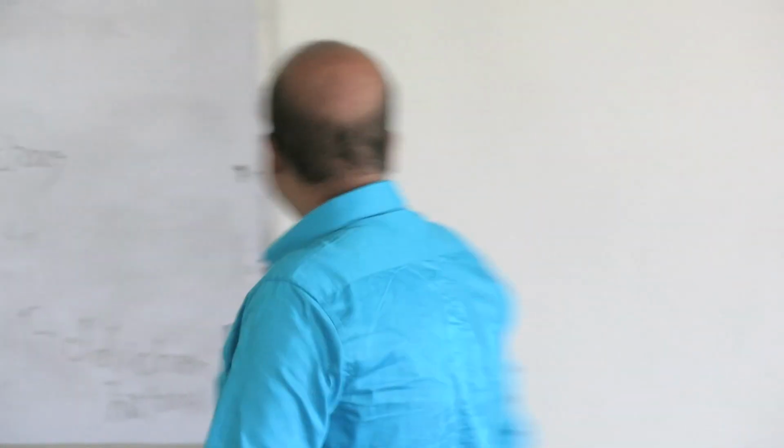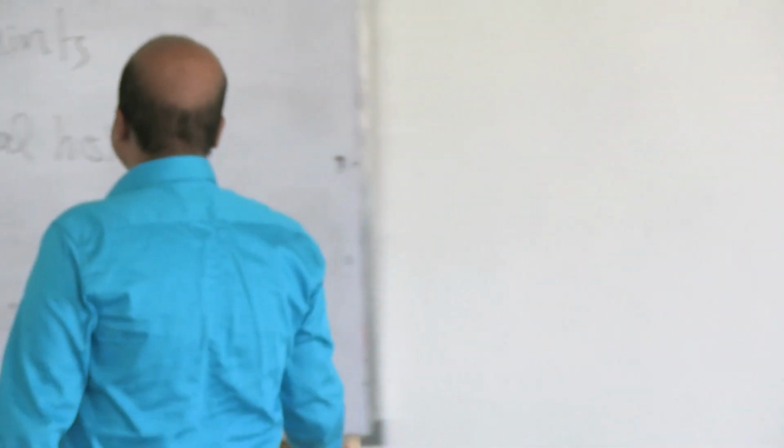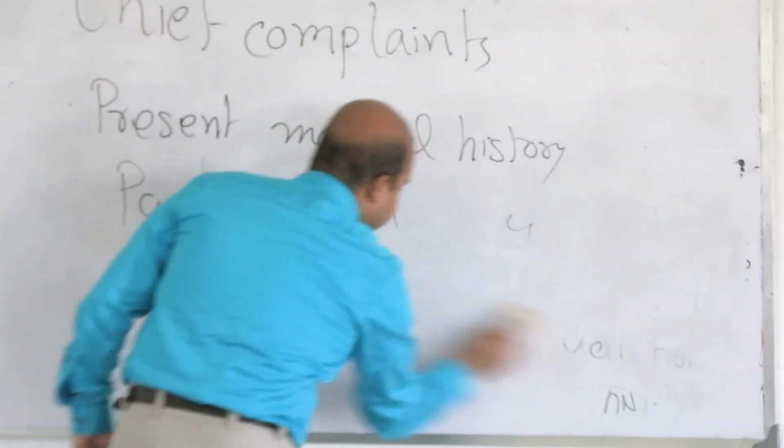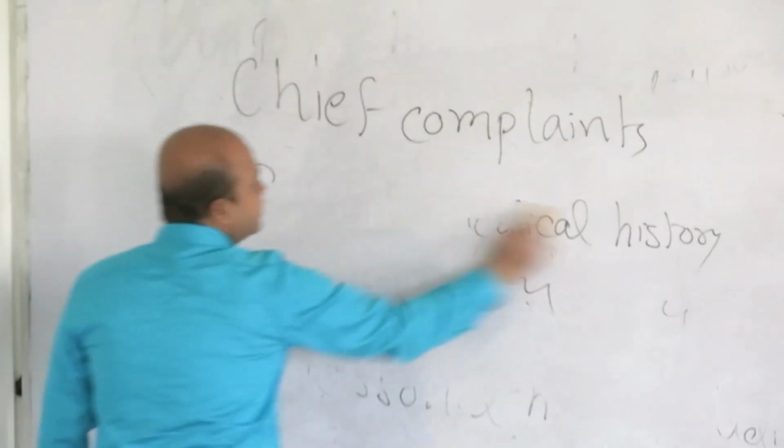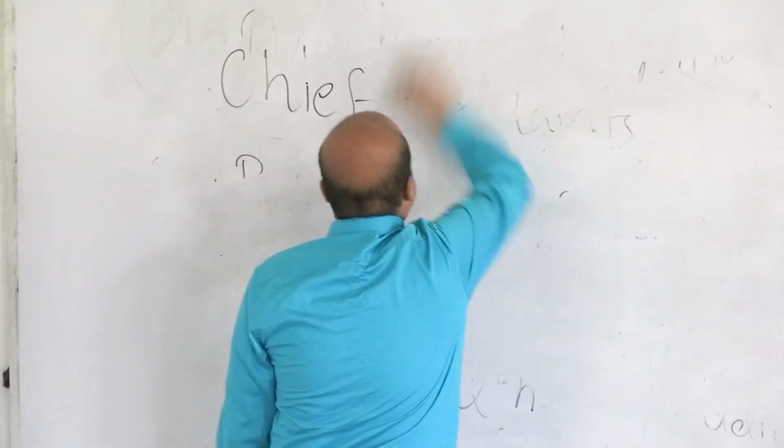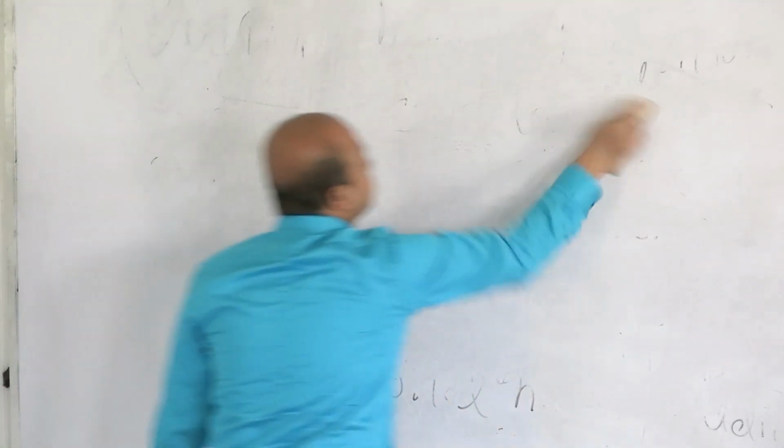So he says he has smoked for 20 years, 20 cigarettes a day, and he has left it for 1 year. That does not make any difference. So smoking, COPD or lung cancer. That is personal history, addiction history. Okay. Chief complaints, present medical history, past medical history, addiction history.